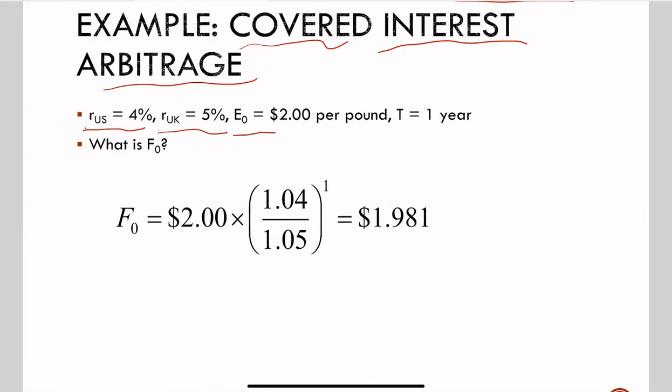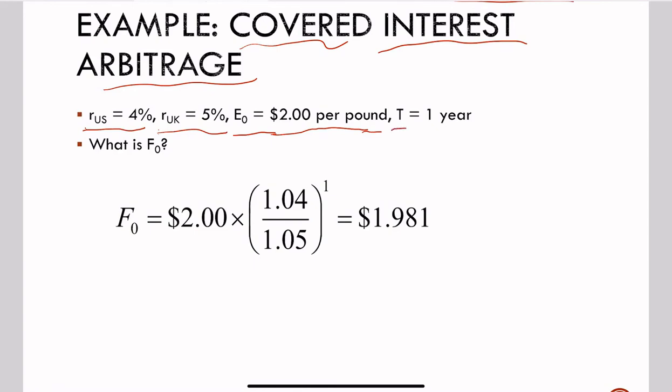And today's spot exchange rate is $2 per pound. Again, this basically means you need to use $2 to buy 1 pound. Or you could say 1 pound could be converted into $2.